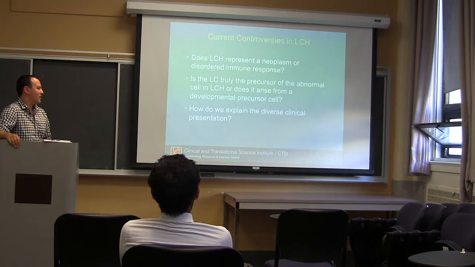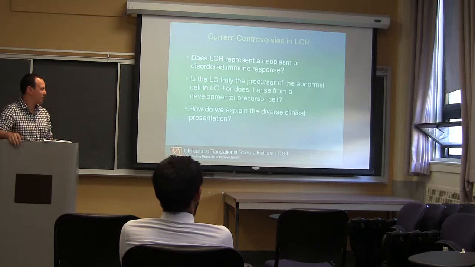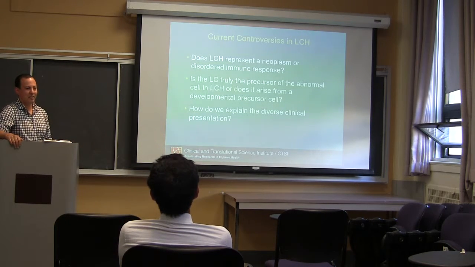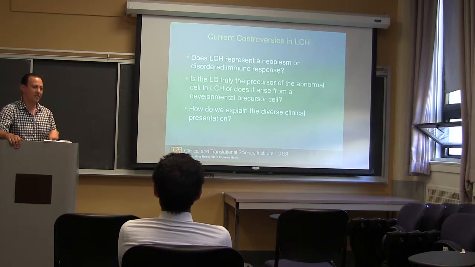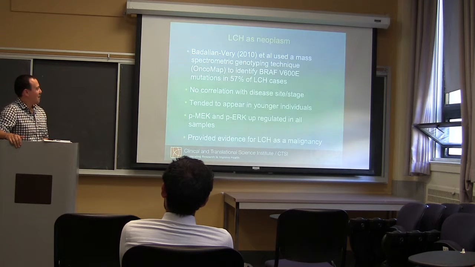Another one that has gotten a lot of traction is, where is this LCH cell coming from? Is it really from a Langerhans cell, or is it from another cell type that is now having a Langerhans cell-like presentation? And then of course, clinicians always ask, how do you explain what is different biologically between the kids who come in with high-risk multi-system versus low-risk multi-system, or multi versus single?